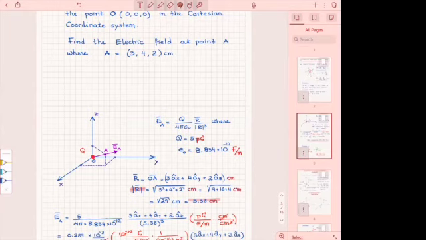Tell me cases where we use the right-hand rule. Like a current running on that. No, it's not that rule, it's the cross products.